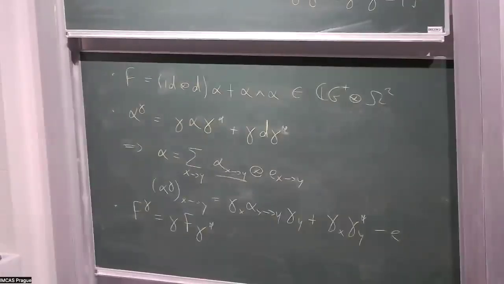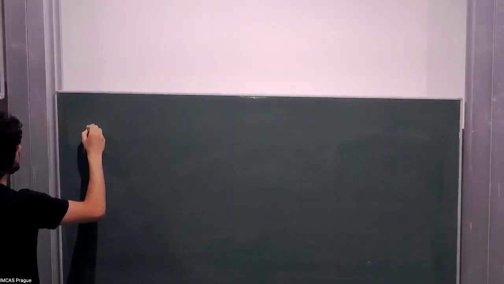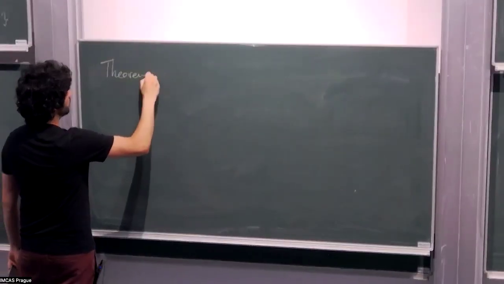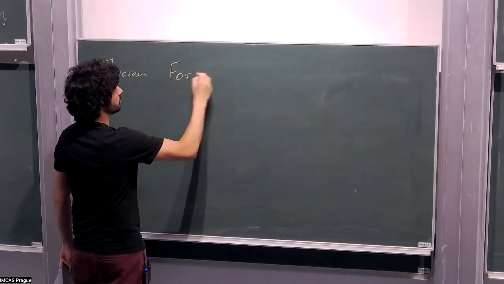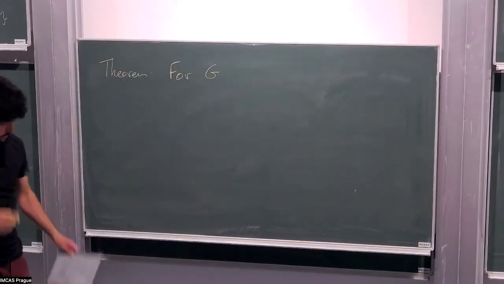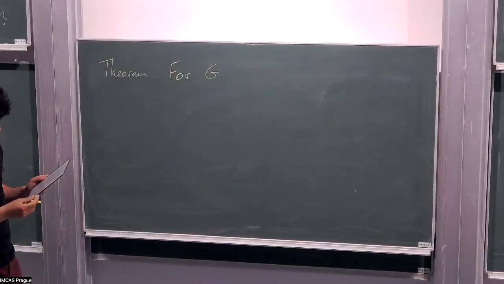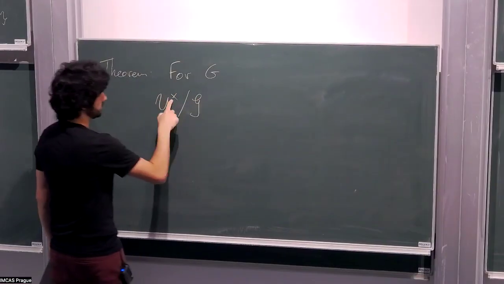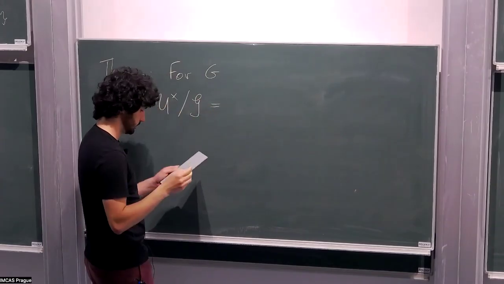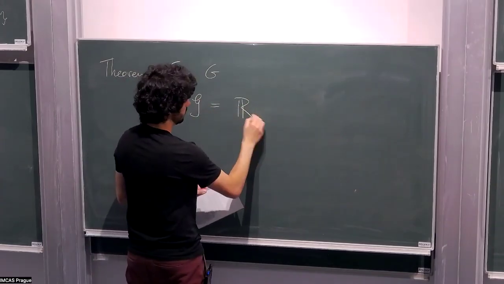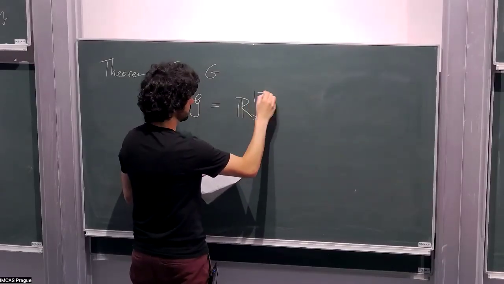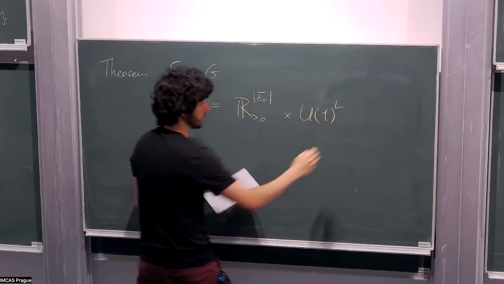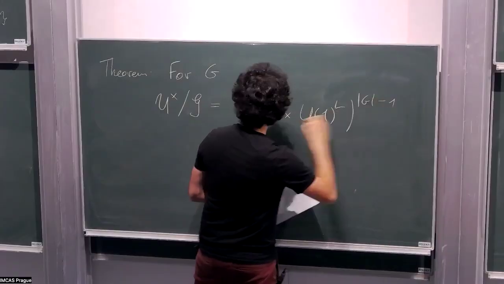So first is that we can compute moduli spaces, namely, if we start with G abelian, so an abelian finite group, then we have that the moduli space, this is just a detail, is equal to R bigger than 0, E0 cross U1 L, G minus 1.